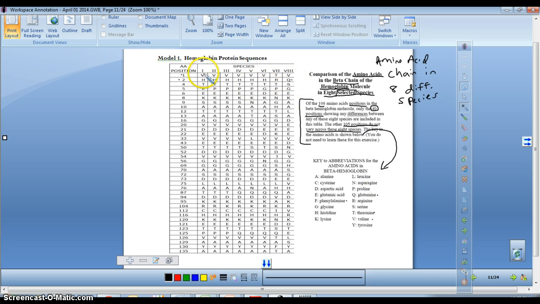So species 1 through 6 have histidine in amino acid position 2, but species 7 and 8 have different amino acids. Okay? Hopefully you're following this. If not, look at the video again from the beginning. And if you have any specific questions, shoot me an email about that. Let's continue on through this work.